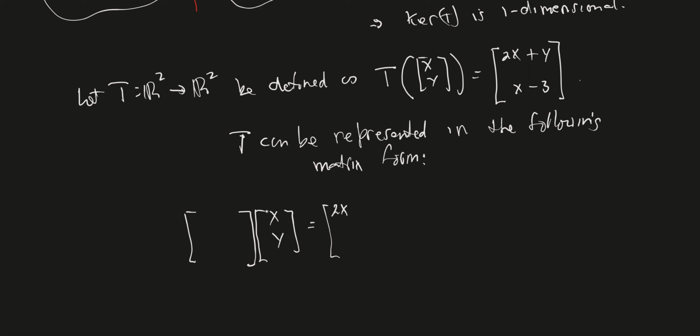So what matrix multiplying this column will produce this column of 2x plus y, x minus 3y? There we go. So then that matrix is 2, 1, 1, negative 3.